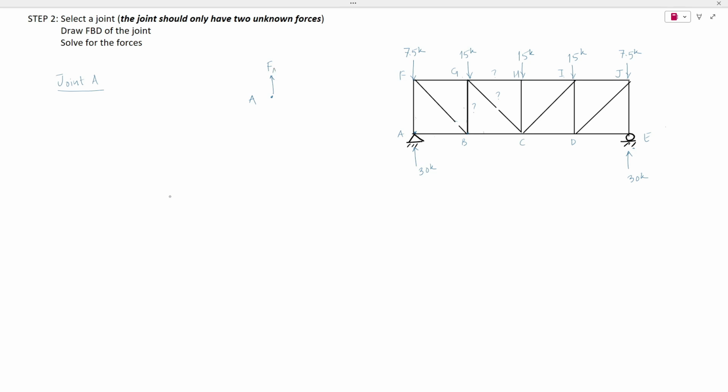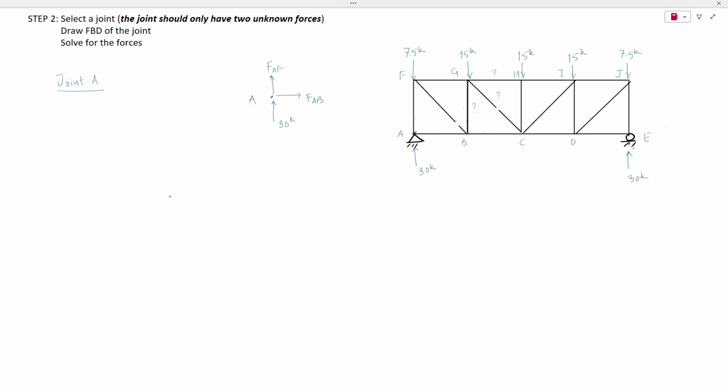So the force in AF would be FAF, the force in AB would be FAB, and then we have the vertical reaction we calculated at A. If we consider members in tension first, and our assumption is incorrect and the member is actually in compression, then we will get the value of the force to be negative.